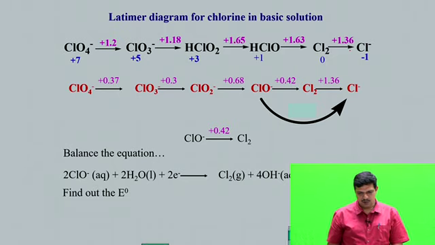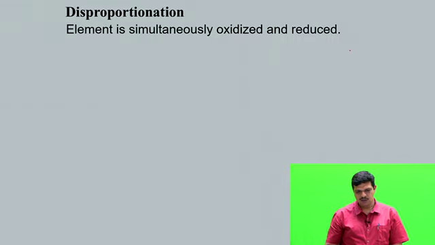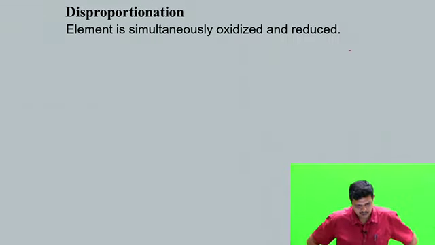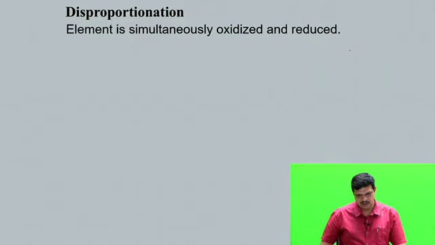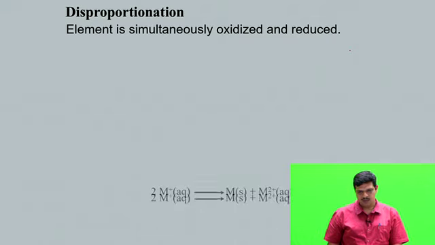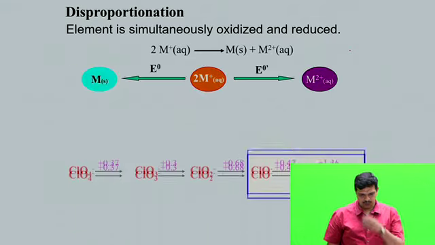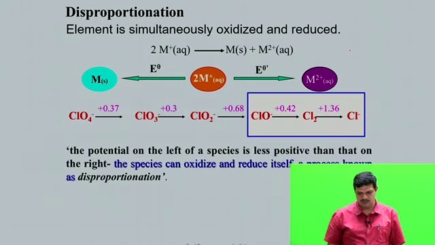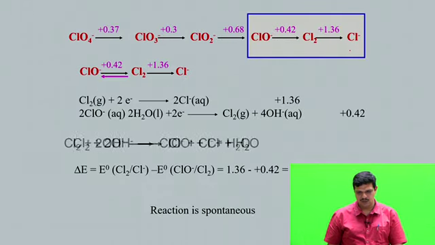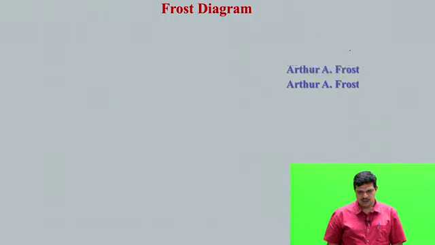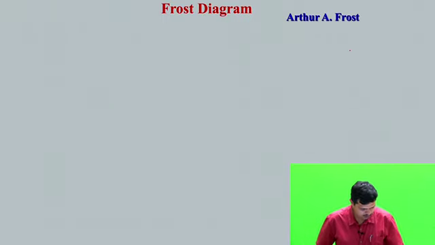But I will show another one, that is the Frost diagram. It is very easy, a little different from the Latimer diagram, but conceptually, as I told, very similar. The disproportionation reaction I will come to later for the Frost diagram, because anyway you have to discuss it there again.